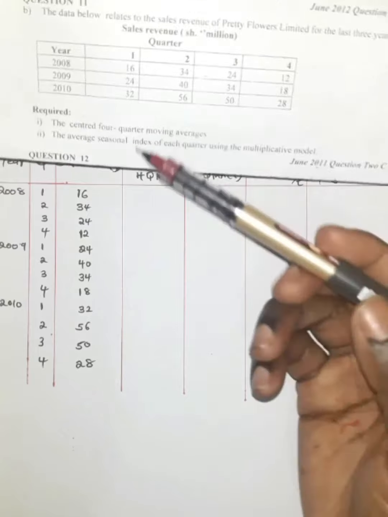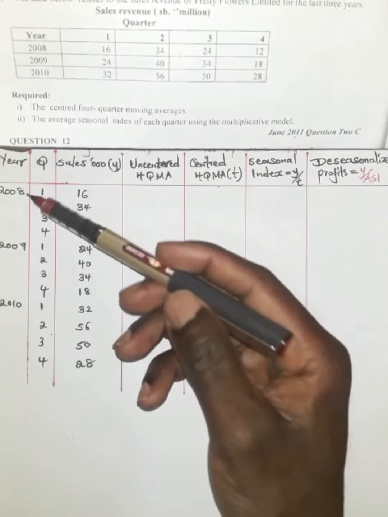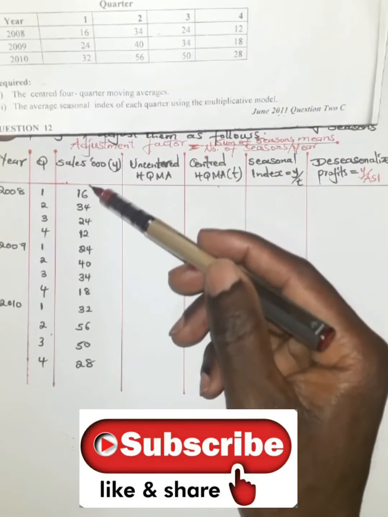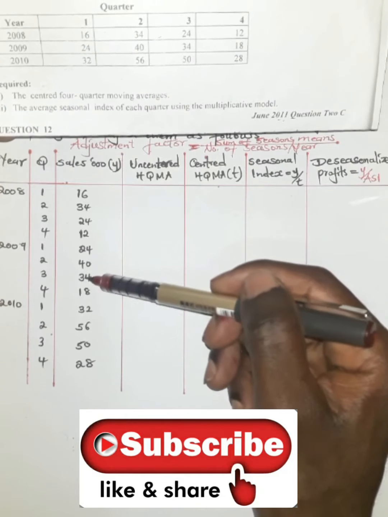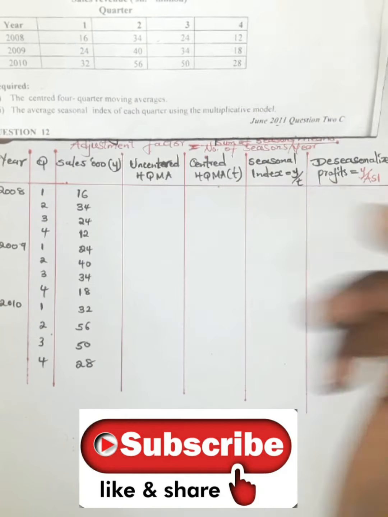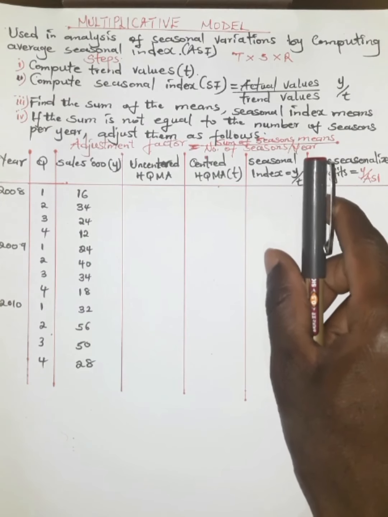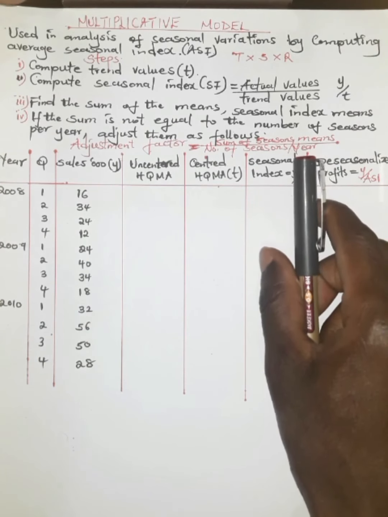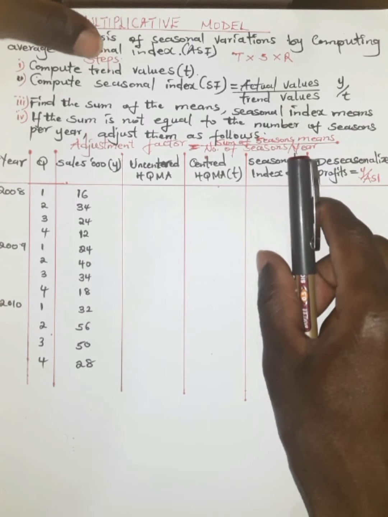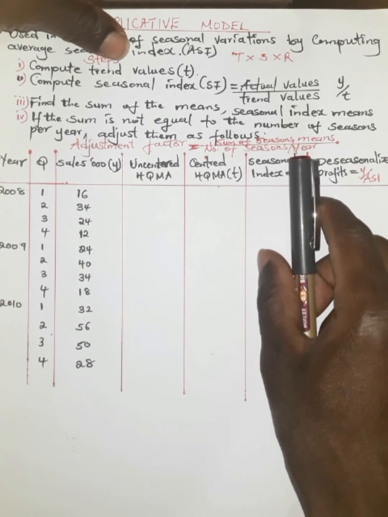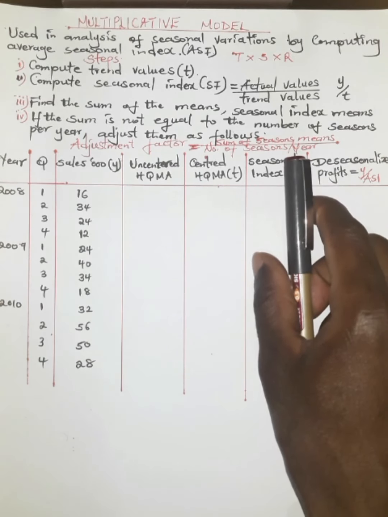Now I've just copy pasted the question. We have the year, the quarters, and the sales for each year, so you can do away with the paper. To be more specific, we are going to look at how to compute a 4-quarter centered moving average.